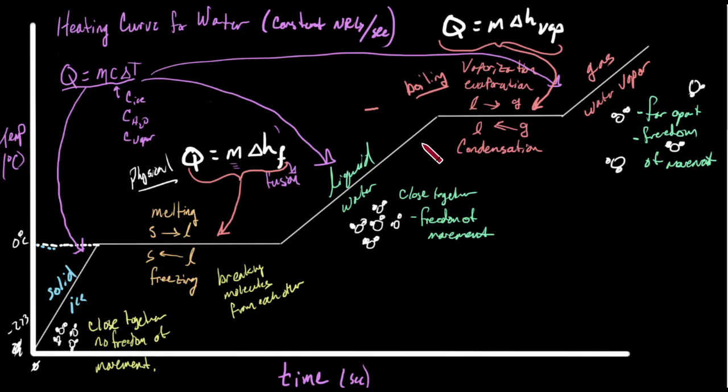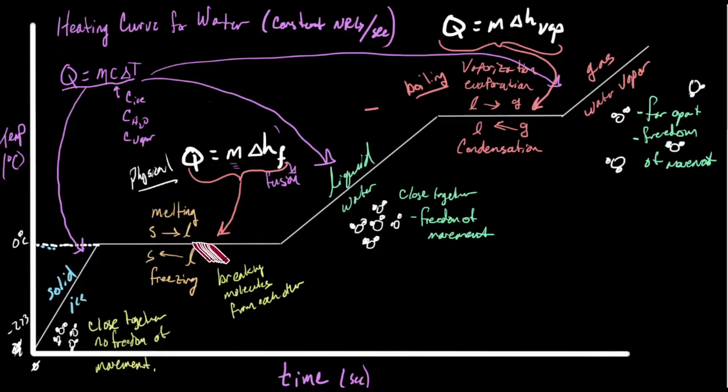So each time we go through one of our sections here in our heating curve, we're going to need to use a different one of these equations. Either we'll use mcΔT with our specific heat for ice, so through here, mcΔT with the specific heat for ice.